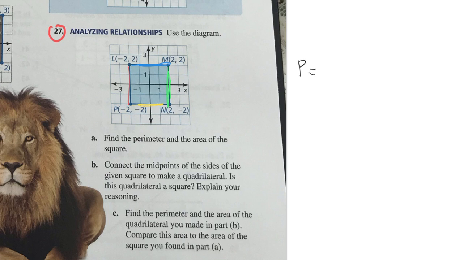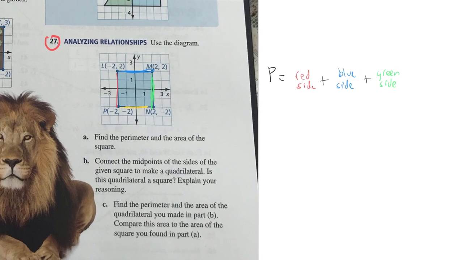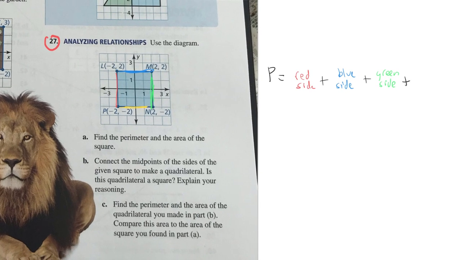So we are looking at the red side, plus the blue side plus the green side, and my student watching probably can see where this is going. In fact, you might even be doing it in your head, which is good. Or maybe you're just watching passively, which is fine too.